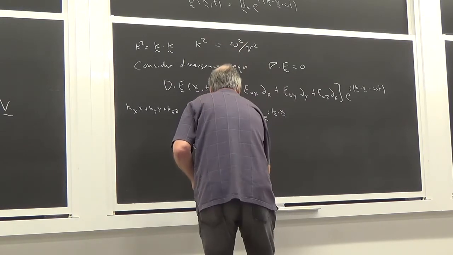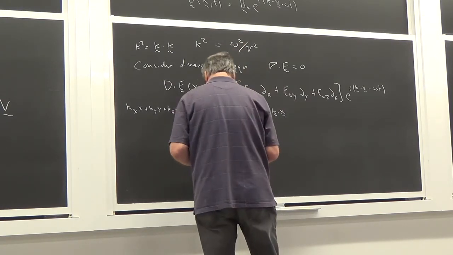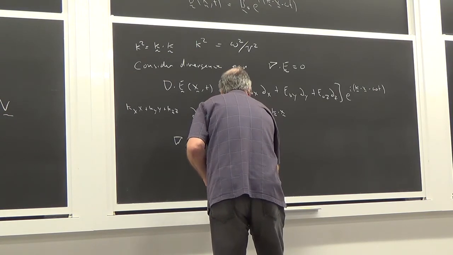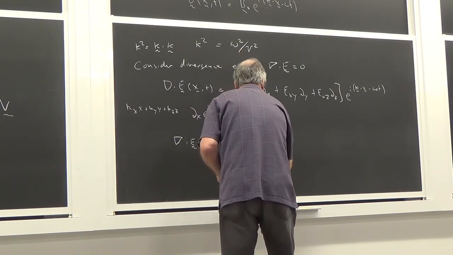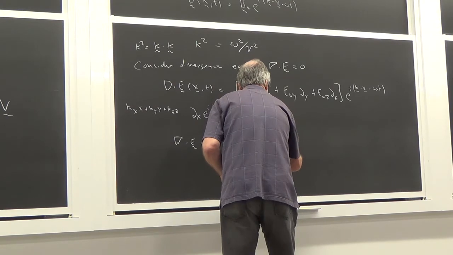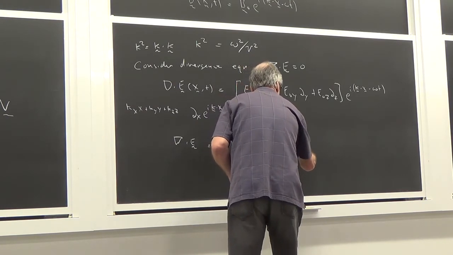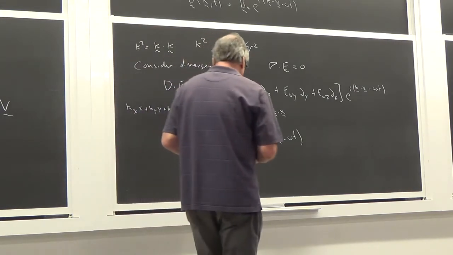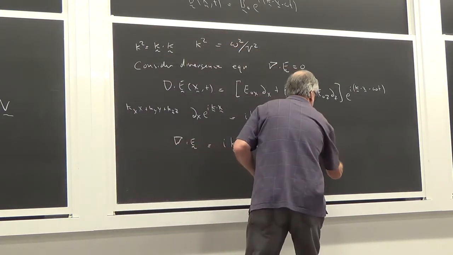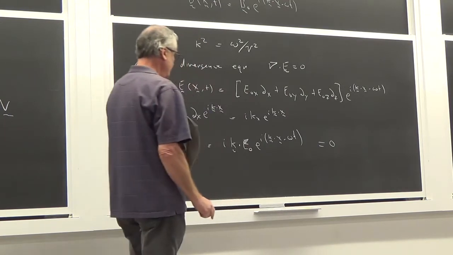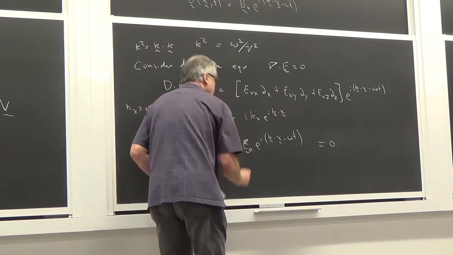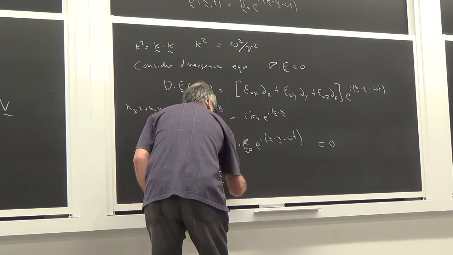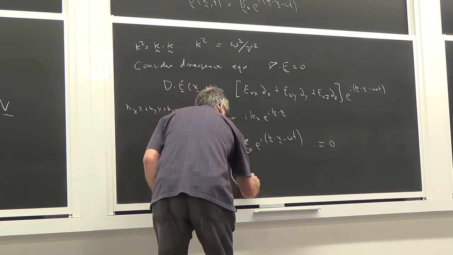So we get an i k dot E naught, e to the i (k dot x minus omega t). And this is equal to 0 by Maxwell's equation. And so therefore, k dot E naught must be equal to 0.